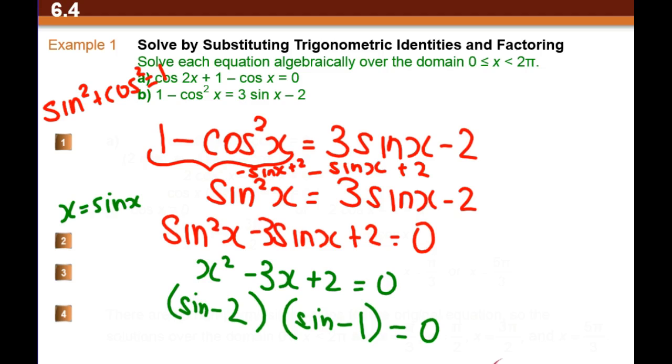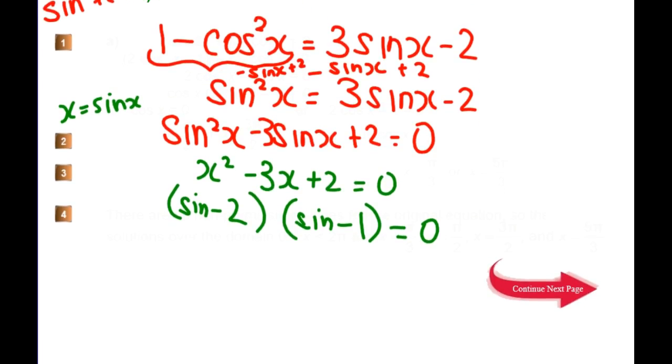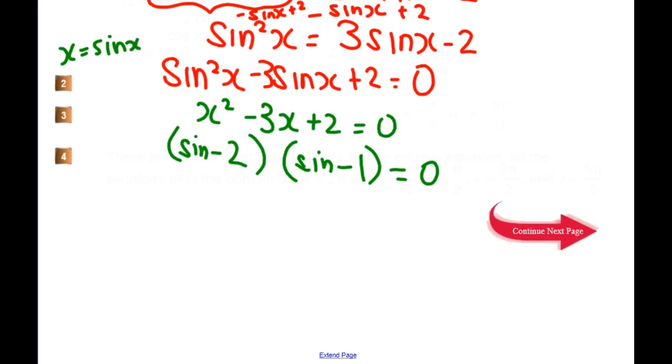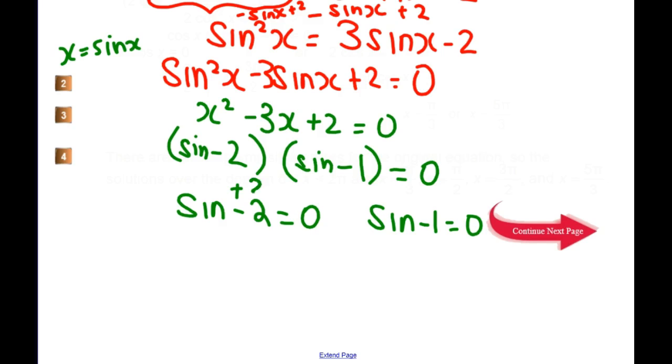Okay, so we remember that still equals 0. So now we have two separate equations. You split them up and you write sine minus 2 is equal to 0 or sine minus 1 is equal to 0, and you can solve. So you add 2 over. Sine is equal to 2. Add 1 over. Sine is equal to 1.